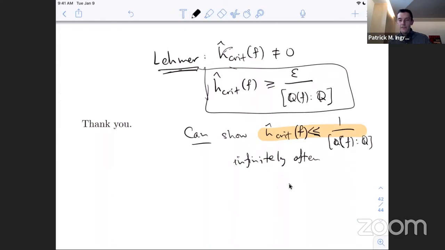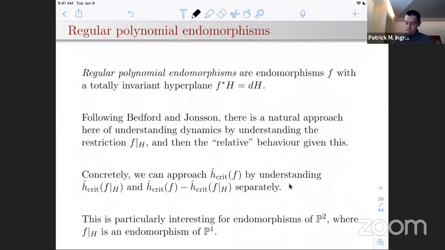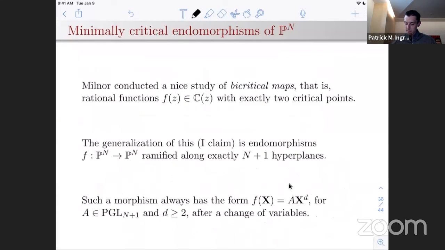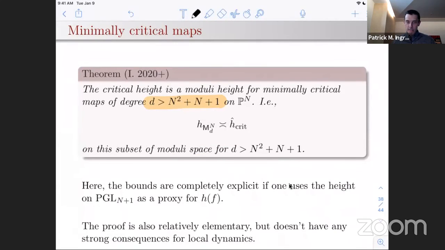Faye asks, in the theorem about minimally critical maps, there is no exceptional set like the Lattès. That's actually a really nice question. Thank you. So here in this statement, you will notice that there is no exceptional set like the Lattès examples. And that is true.